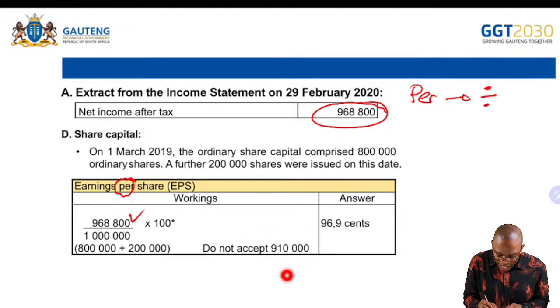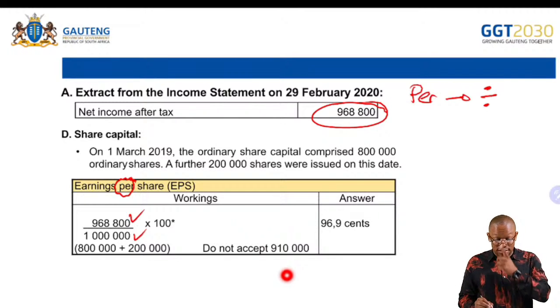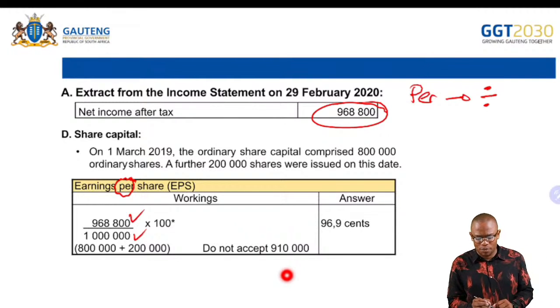But I said per is a division sign, you see it's a fraction. Then they say divide by a million. That is the marking guideline. But how did they get the million? Remember I said you divide by the number of issued shares. The information said on the 1st of March, the ordinary share capital comprised of what?